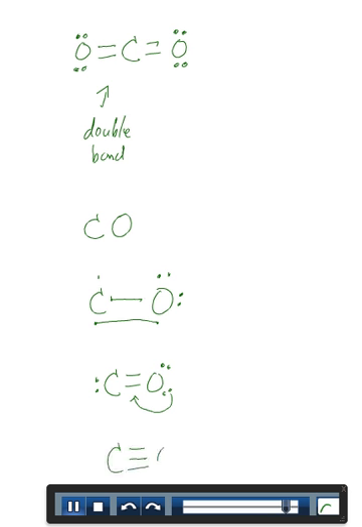So then I would have a triple bond between carbon and oxygen, and each atom has its octet, 8 electrons around it. So this would be the Lewis dot structure for carbon monoxide, producing a triple bond.